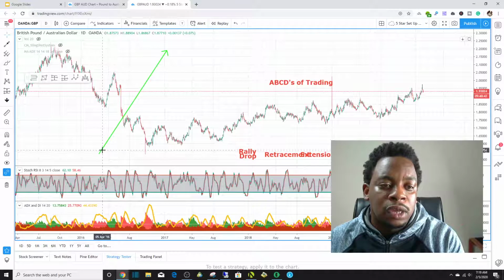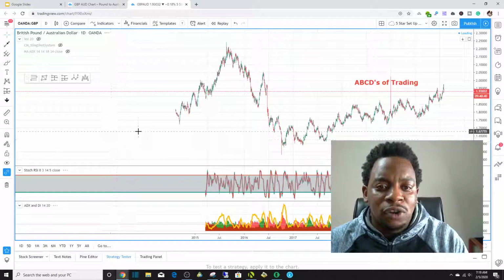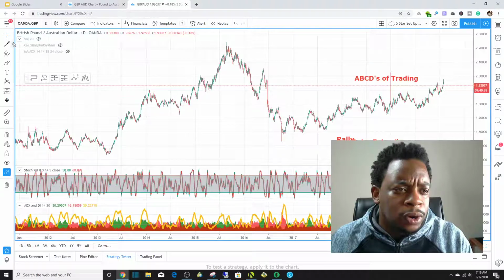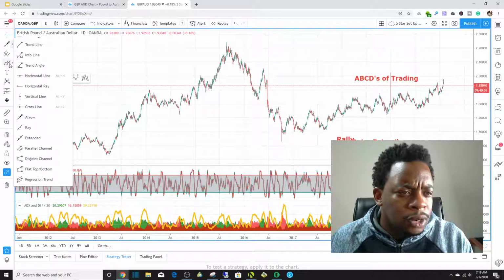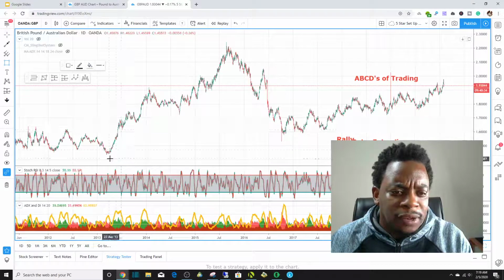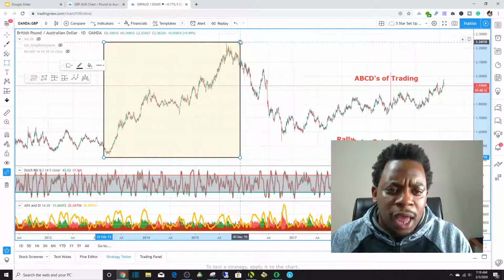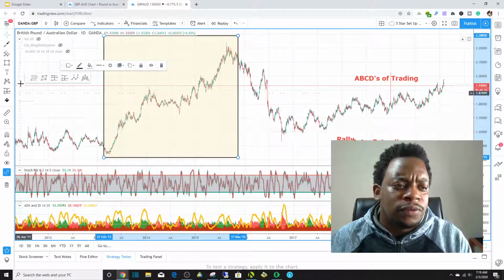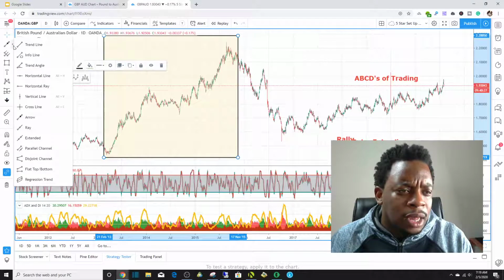Now, looking at this market, and I squeeze it down just a little bit, we can see over in this area on the left-hand side where I boxed it in, higher highs and higher lows, meaning that it developed an uptrend.